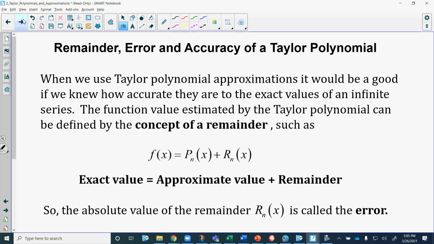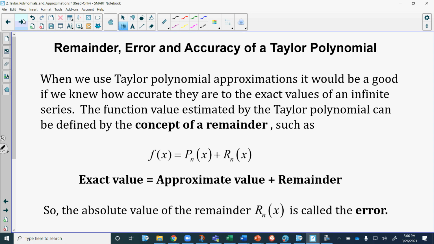Now, this next bit in your notes is introducing you to the concept of remainder, and we've seen remainders with our series information, where we would say that the first unused term was the remainder, and that was good enough to get our error from what the approximate value is going to be.